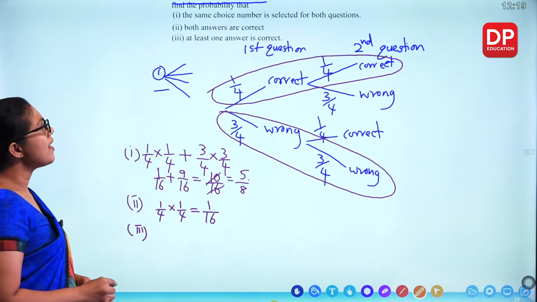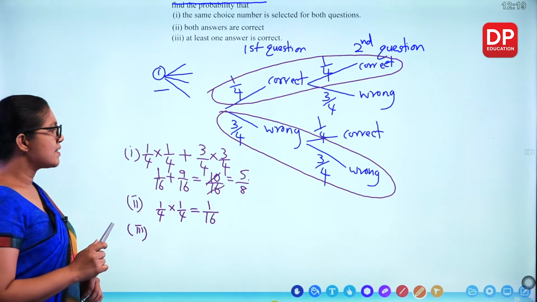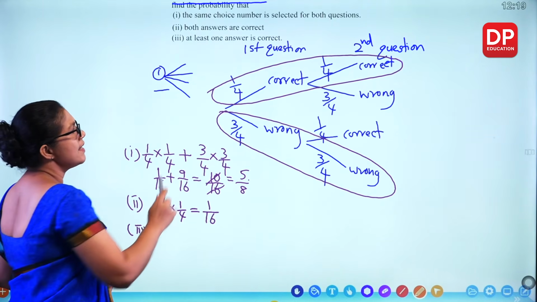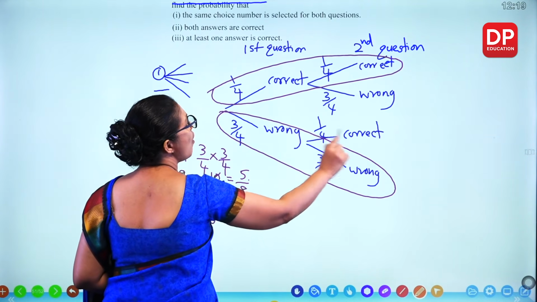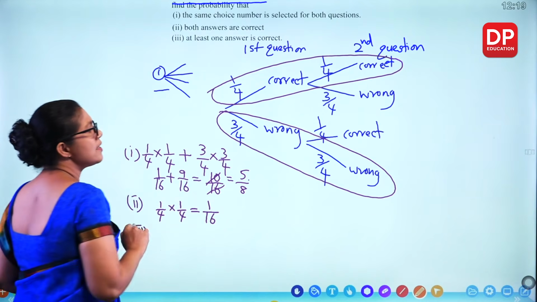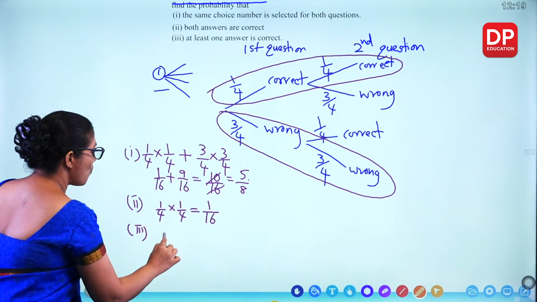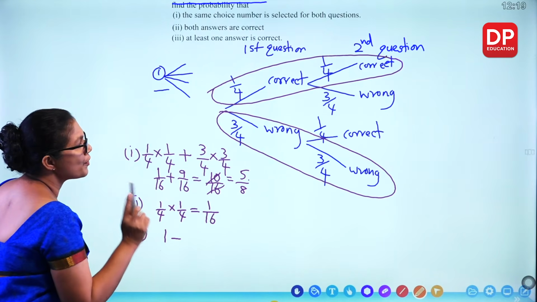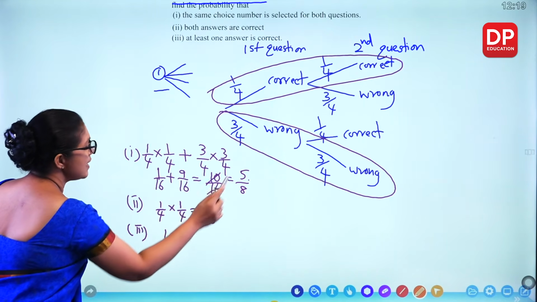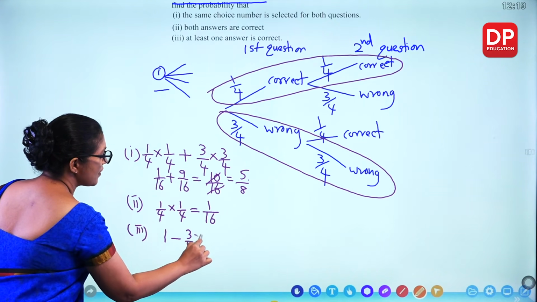Third part. At least one answer is correct. At least one answer is correct means you can get all 3 branches except both wrong. So easily you can find it by 1 minus both wrong. Both wrong means 3/4 into 3/4.